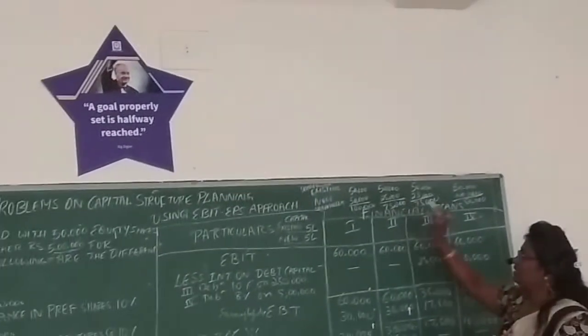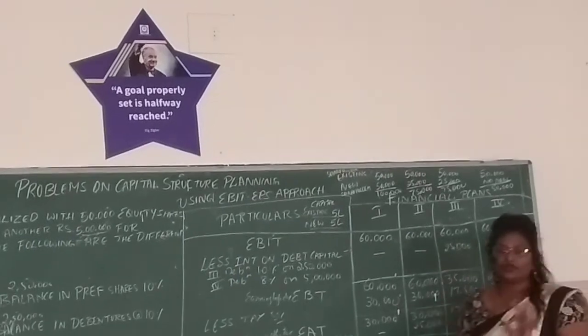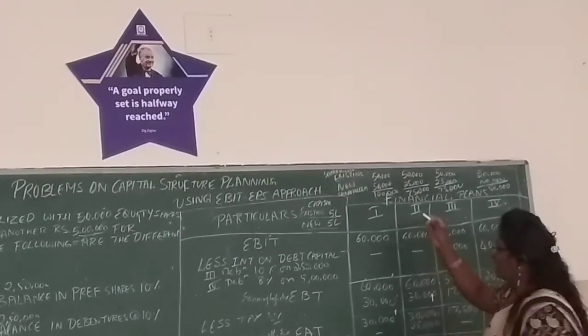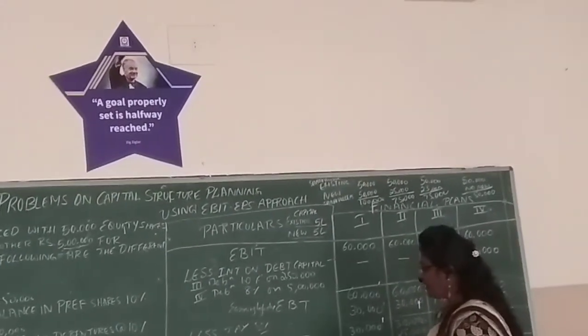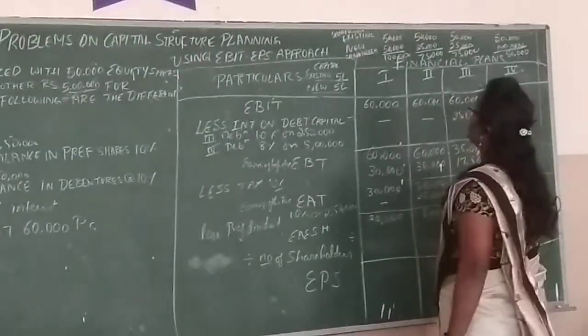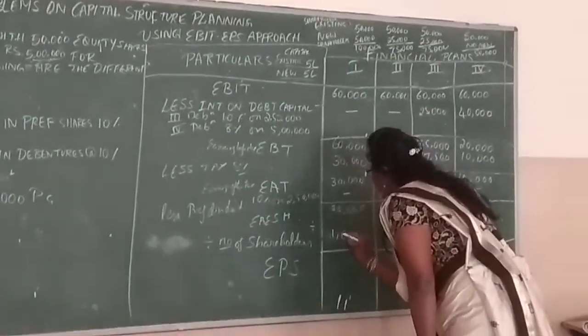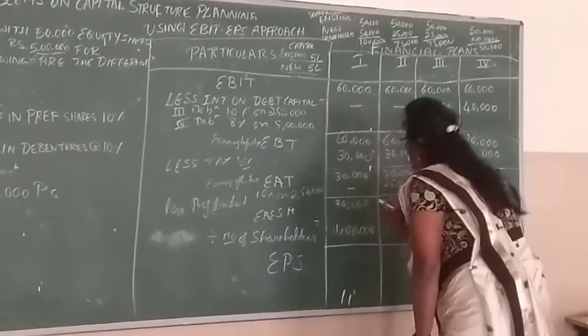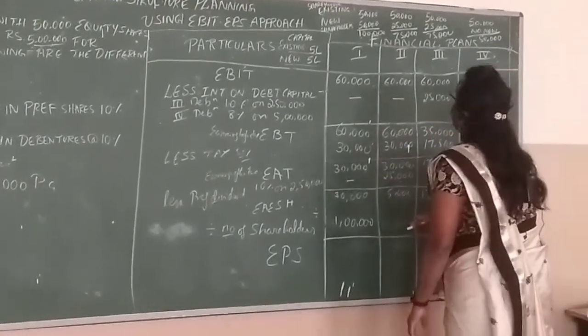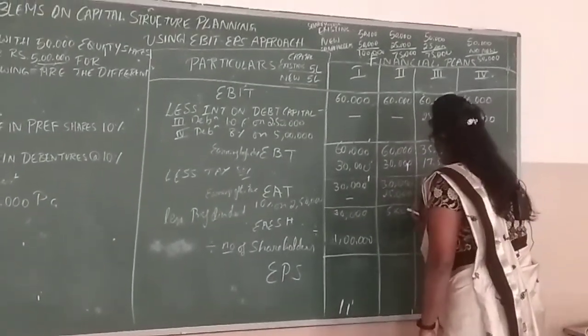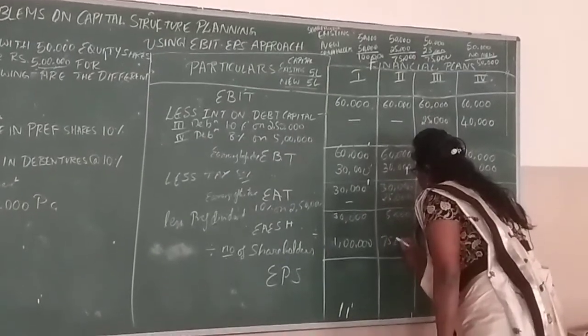Now it is very easy. We have found out the number of shareholders. Just applying that here: EAES divided by number of shareholders, 30,000 divided by 1 lakh. Then here 5,000 divided by 75,000 shareholders.